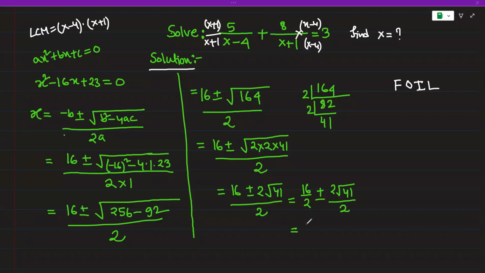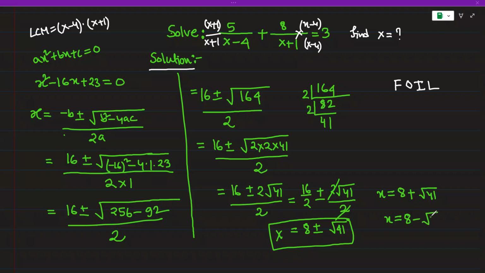Now 16 divided by 2 is 8, plus or minus, the 2s cancel, so we get square root of 41. So we got our two solutions. One is x equals 8 plus the square root of 41, and the other solution is 8 minus the square root of 41.